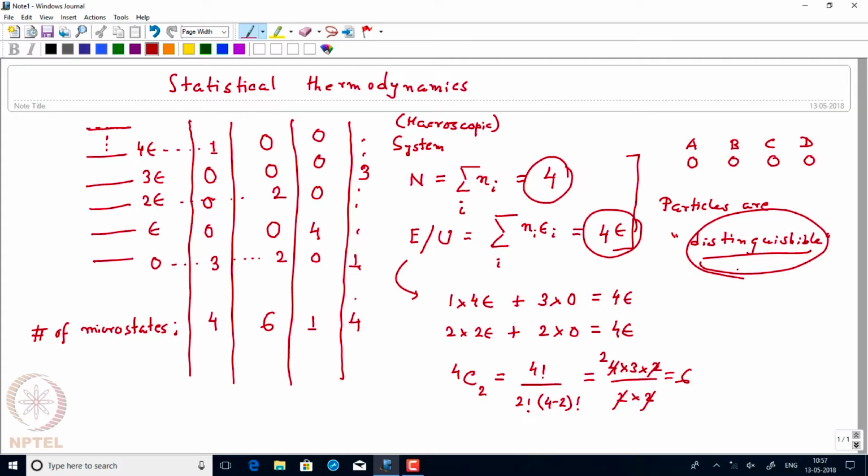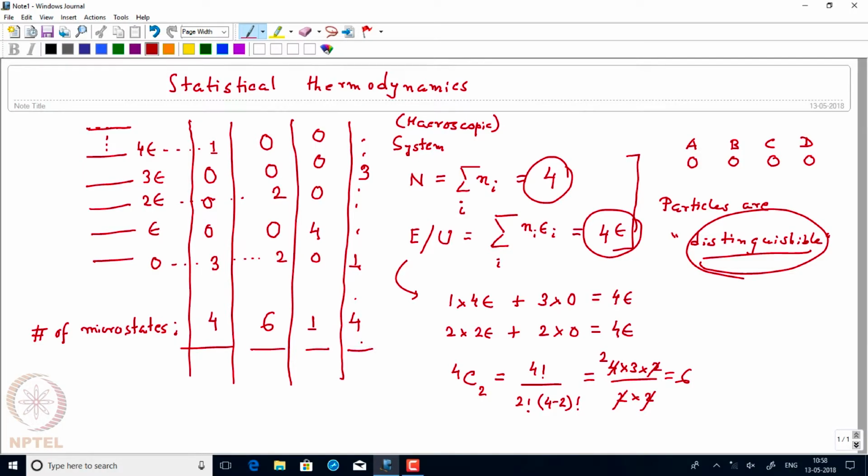So if I ask you what is the number of particles in an arbitrary energy level Ei, which is basically Ni, how do you calculate it? It can vary, but on statistical grounds, if I have a huge number of particles and sufficiently large energy so that I can have many possibilities, then you can argue that the most probable distribution is the one which has the maximum number of microstates, provided all these microstates are equally probable.